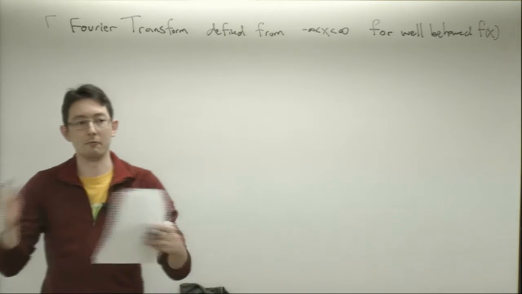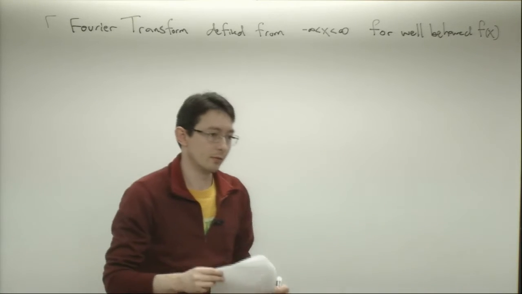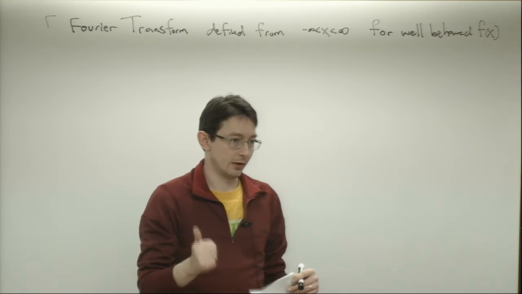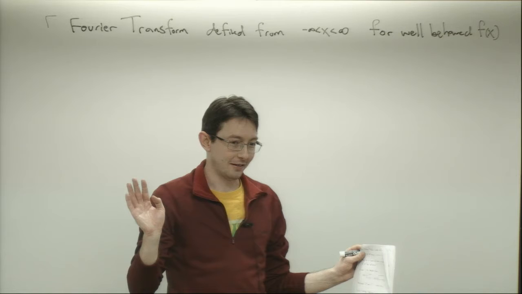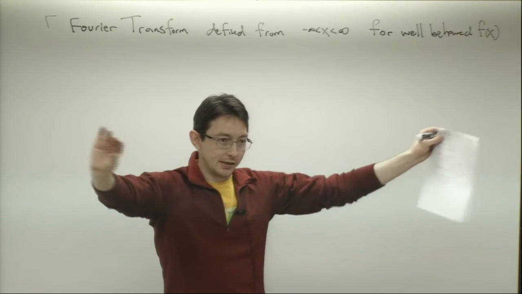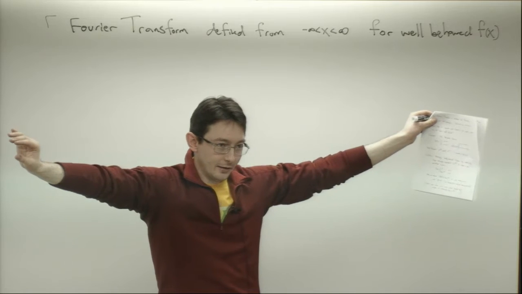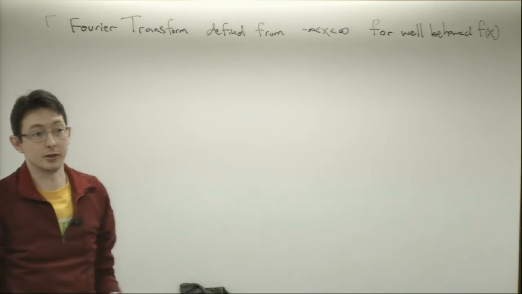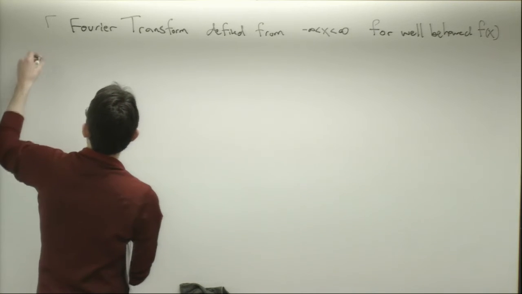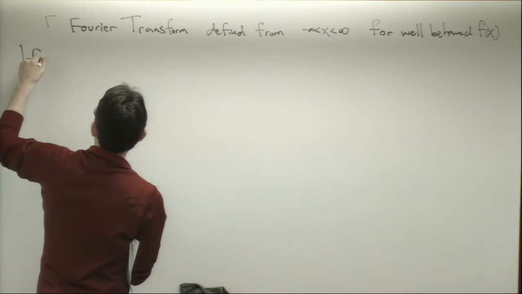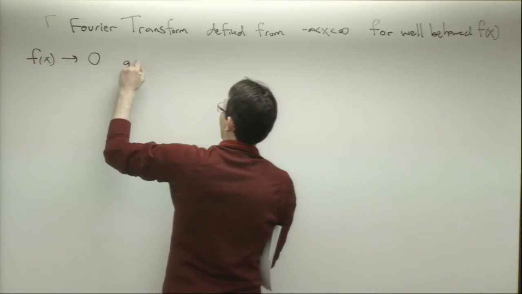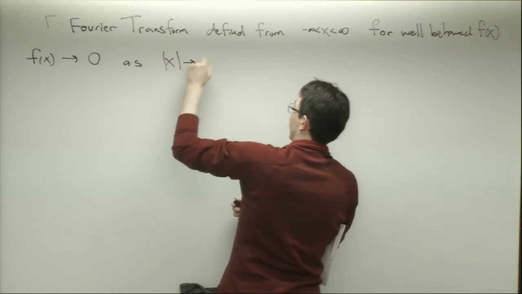What is the main property of the function f for the Fourier transform? Doesn't have to be periodic. It has to taper off to 0 at infinity, right? It has to be a bounded L1 function, meaning it doesn't blow up as x goes to infinity. So my function f of x has to go to 0 as the magnitude of x goes to infinity.